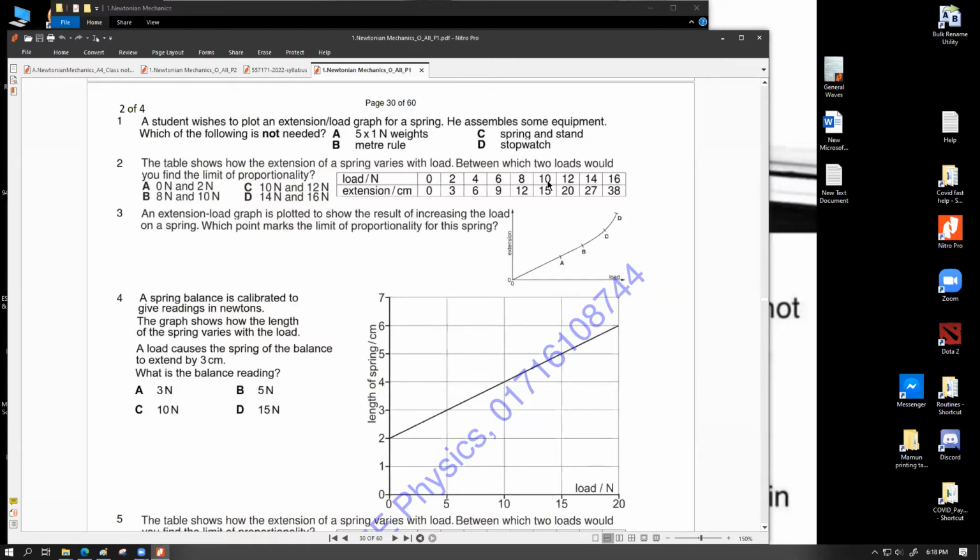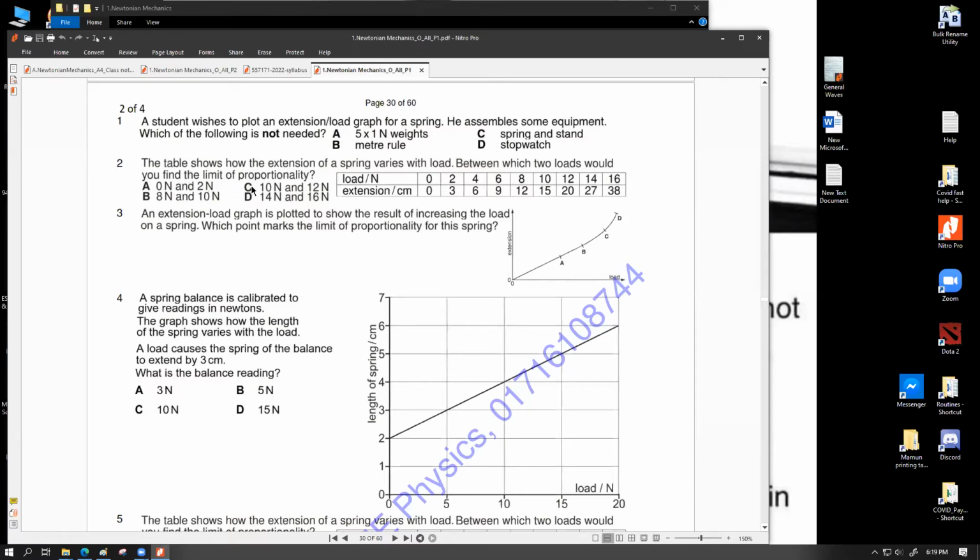It definitely is above 10 Newton and below 12 Newton, because we are increasing the force with 2 Newton increments, which means we cannot exactly pinpoint where that force is unless we plot a graph. But just by looking at the values on the table, we can ascertain that the two values in between which the limit of proportionality might exist would be 10 and 12 Newton. So which one is the correct response?